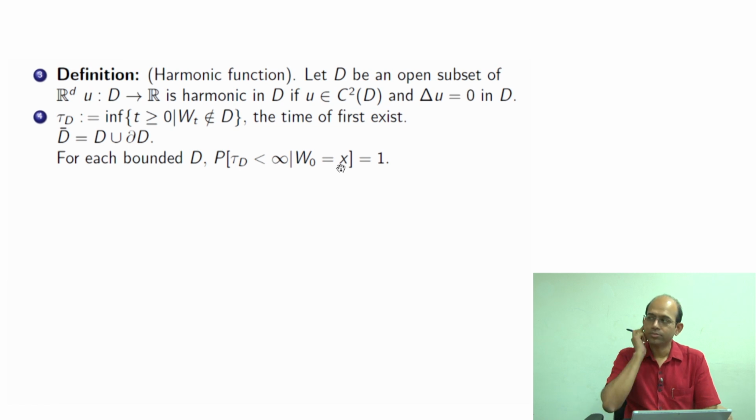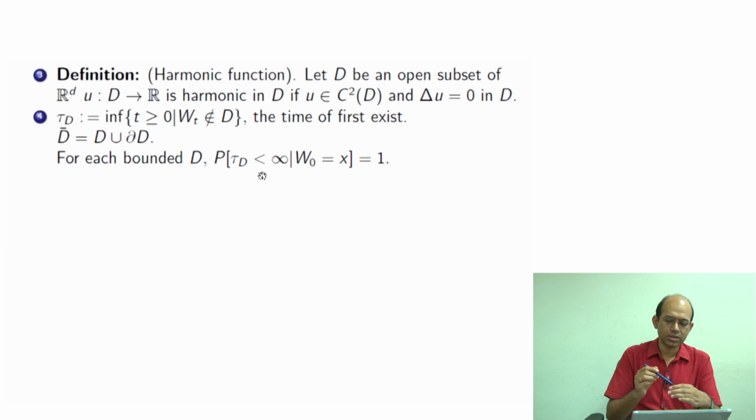So, is the D here a bounded domain? We started with any open subset, need not even be connected, but here D is bounded. Okay. So, when we assume that D is bounded, then if x is outside D, of course tau_D is 0, but if x is inside D, Brownian motion hits the boundary of D and exits D, okay, in finite time with probability 1.